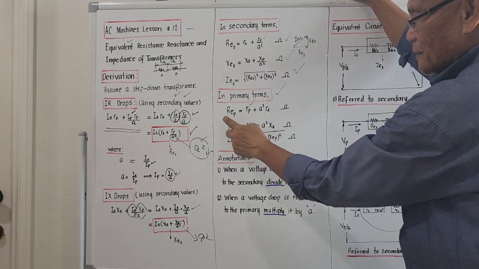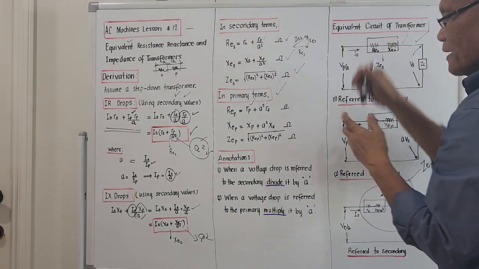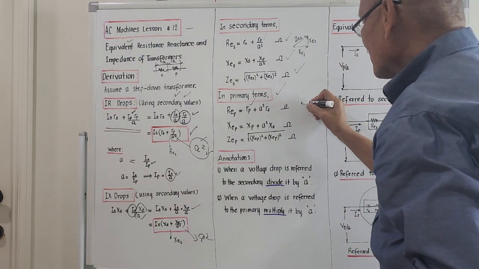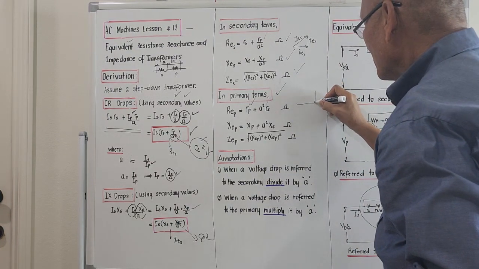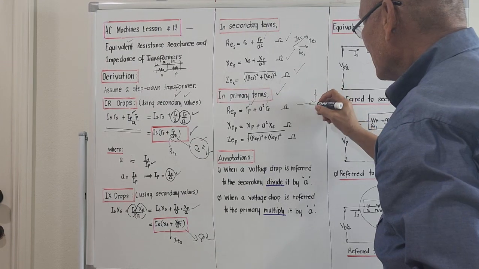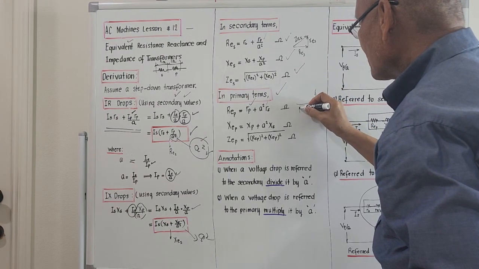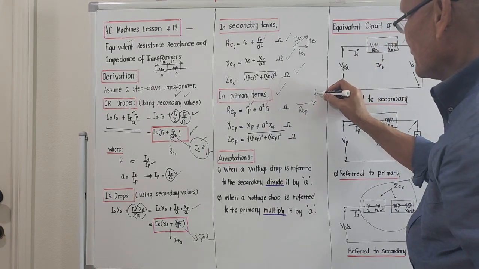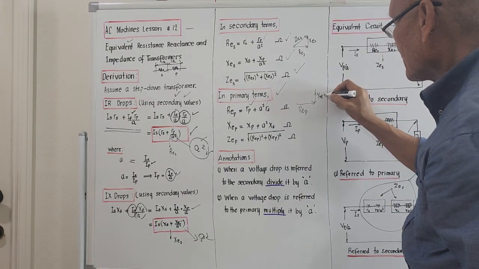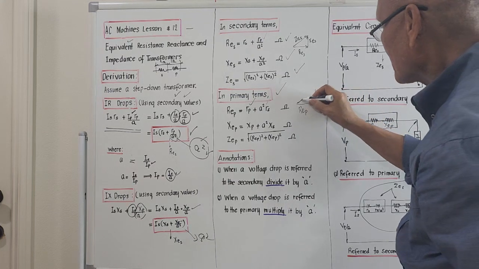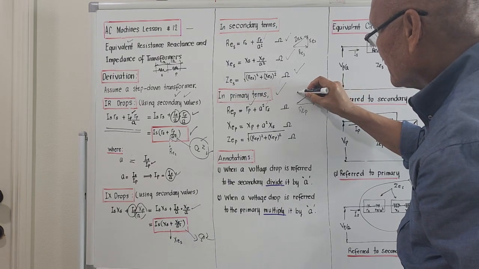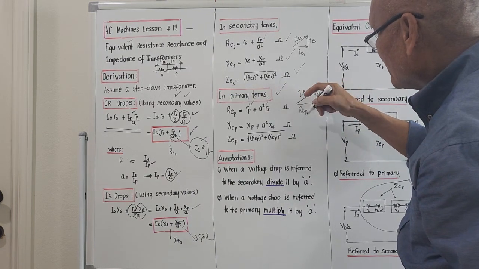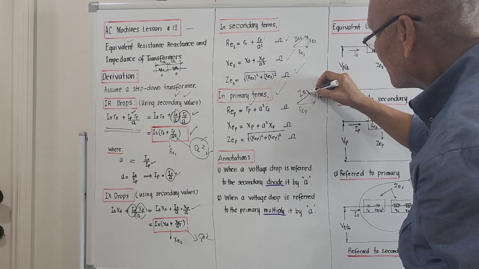meaning the equivalent resistance referred to the primary and the equivalent reactance referred to the primary, again, you will use the Pythagoras principle. This is the equivalent resistance referred to the primary, and this should be the equivalent reactance referred to the primary. The vectorial sum will be the equivalent impedance referred to the primary.